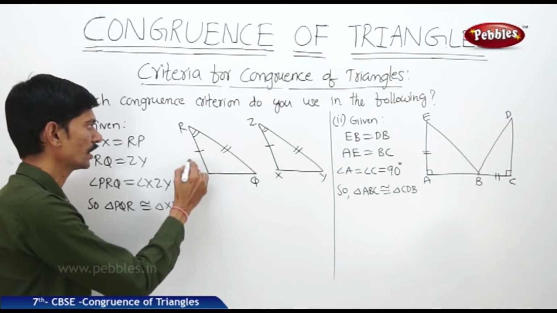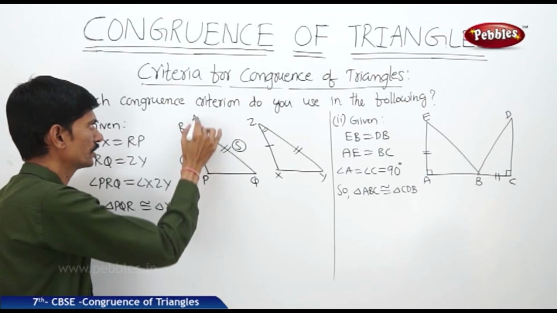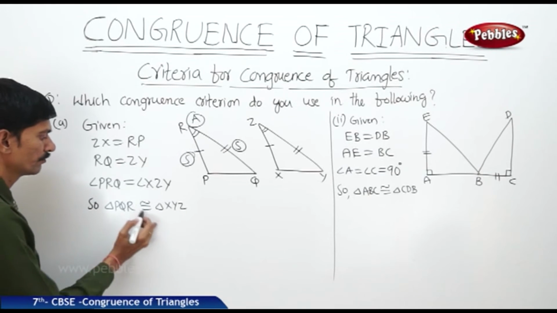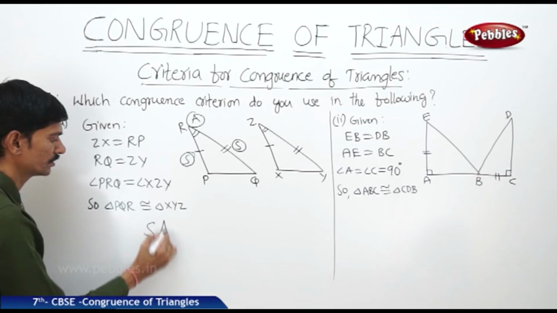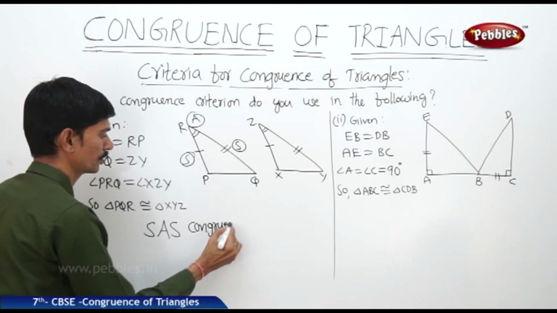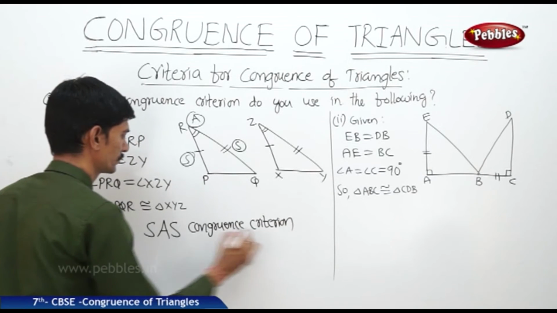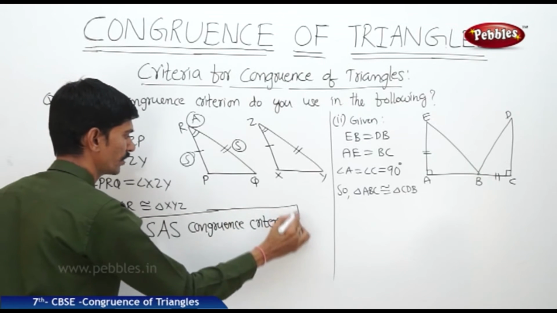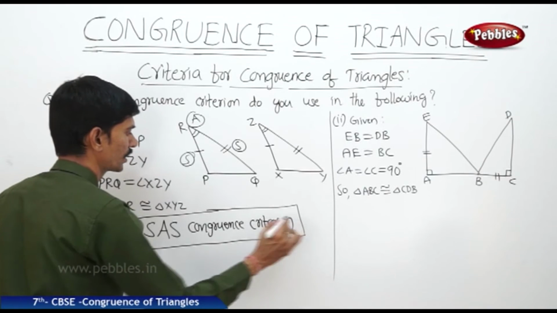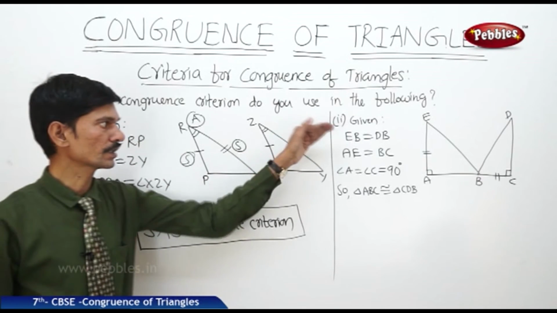We can use side, angle, side, so the SAS congruence criterion. This is the congruence criterion we use in these two triangles. Now let us take the second question.